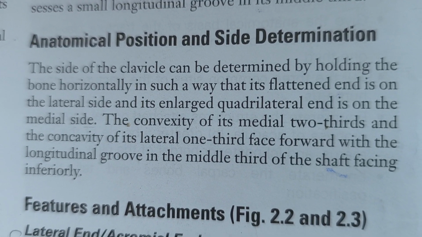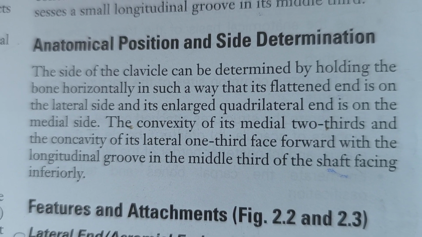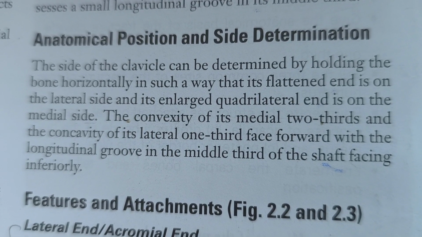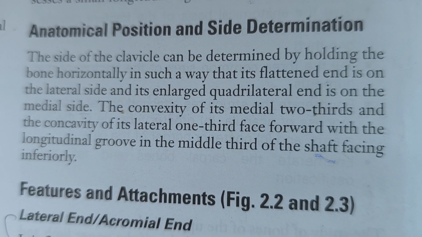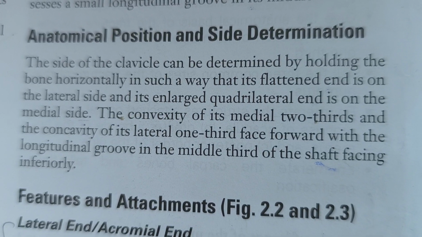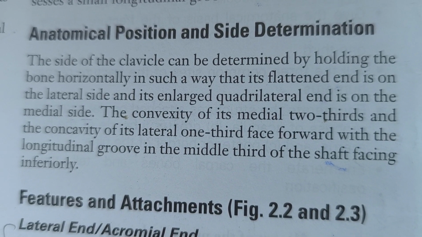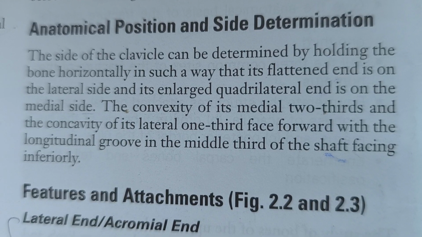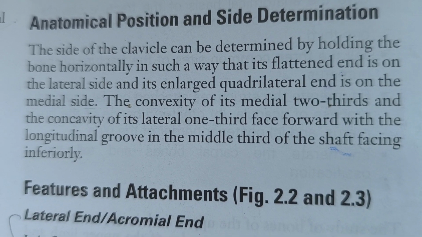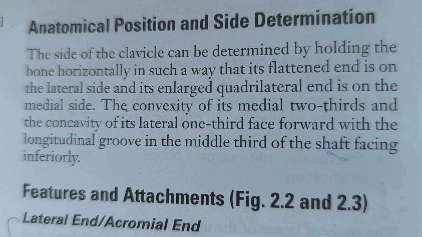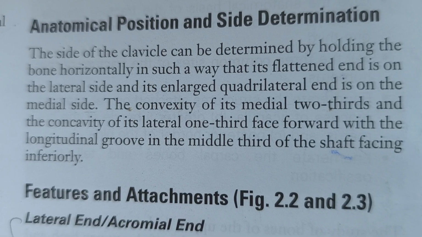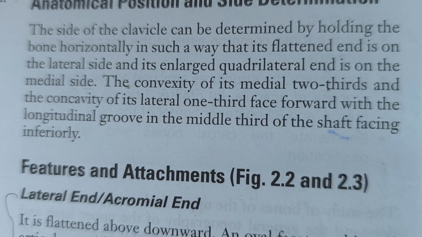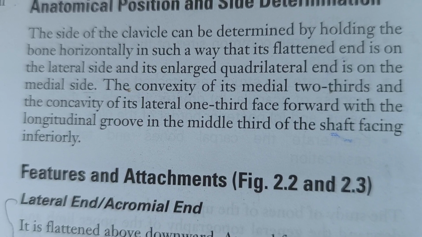Anatomical position and side determination. Whenever you give viva, you have to first speak out the side determination of any bone. The side of the clavicle can be determined by holding the bone horizontally in such a way that its flattened end is on the lateral side and its enlarged quadrilateral end is on the medial side.